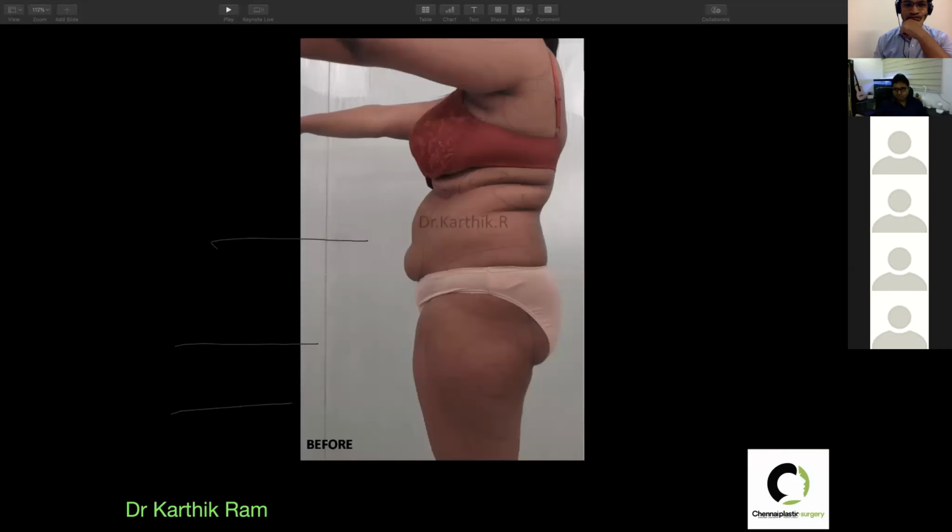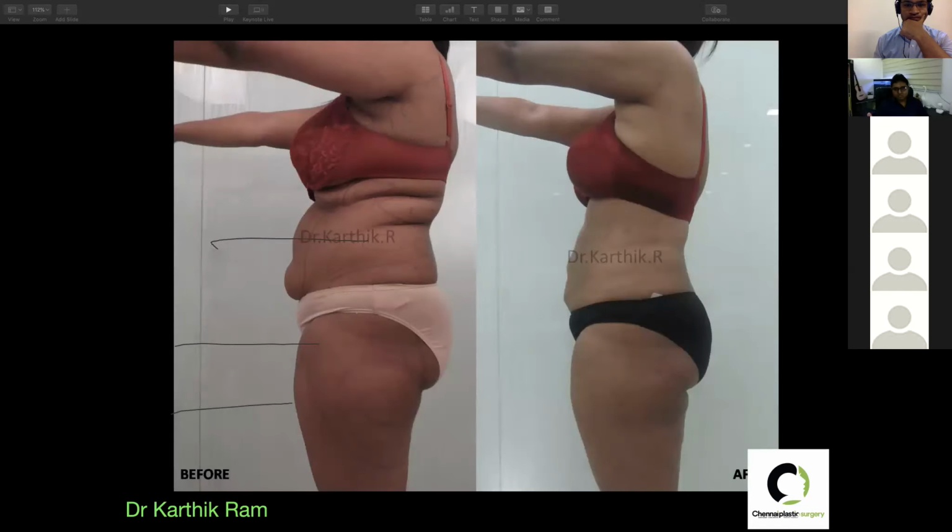Another patient, same story. We did a liposuction of the arm, upper back, lower back, thighs, buttock, and tummy also. I'll come to the marking a little later. So this is the after-surgery result. If you see the results, she's ideal for a tummy tuck, kind of.